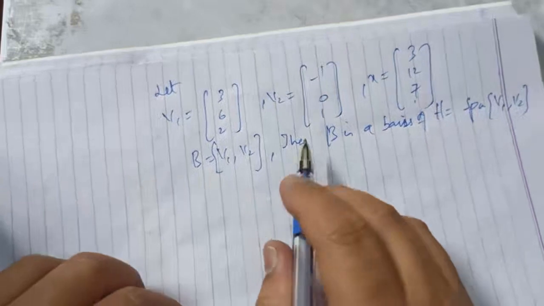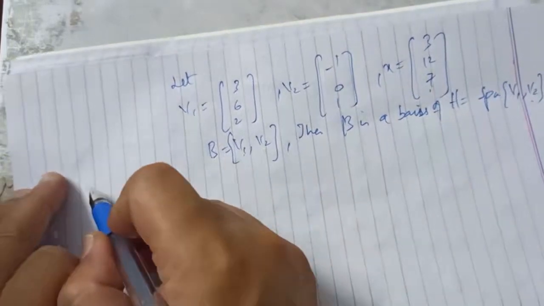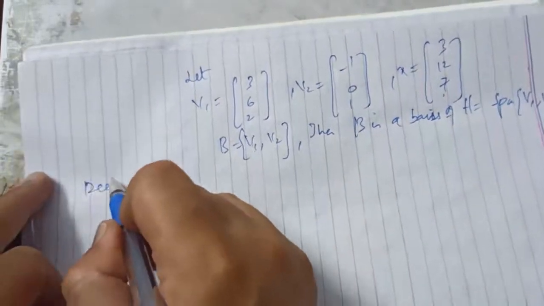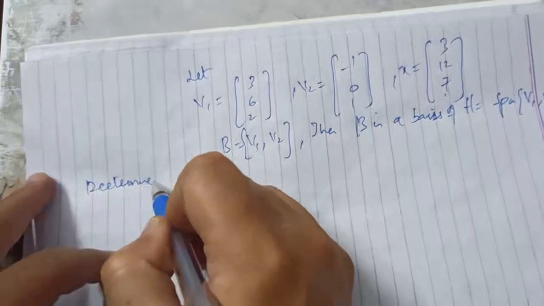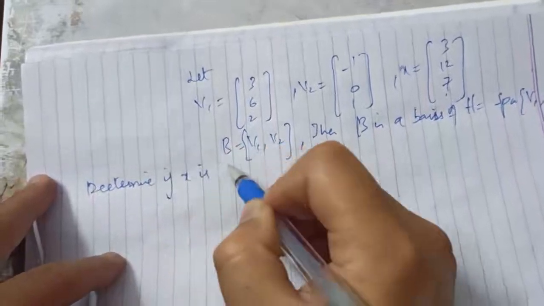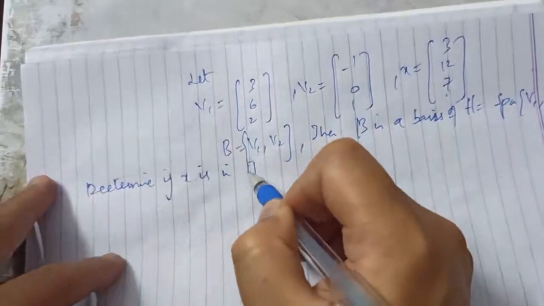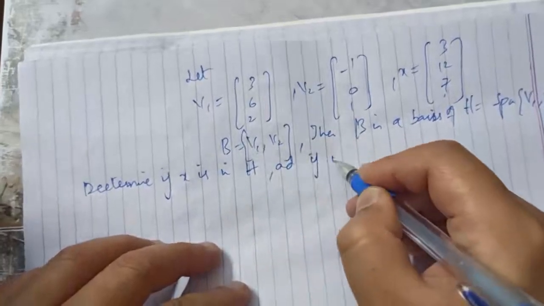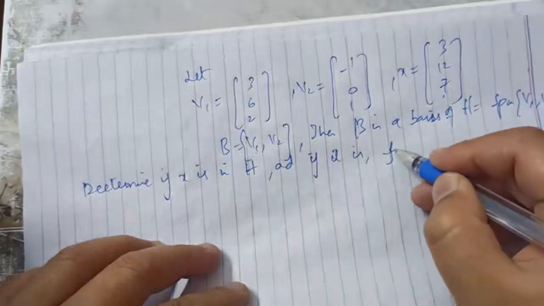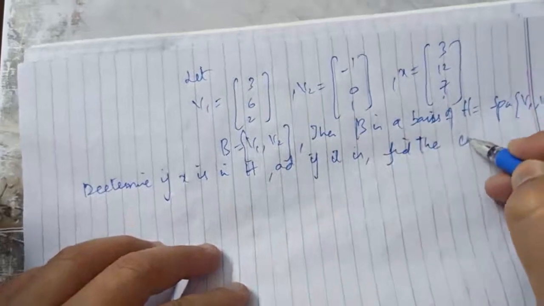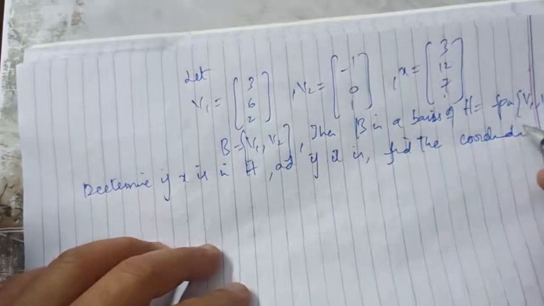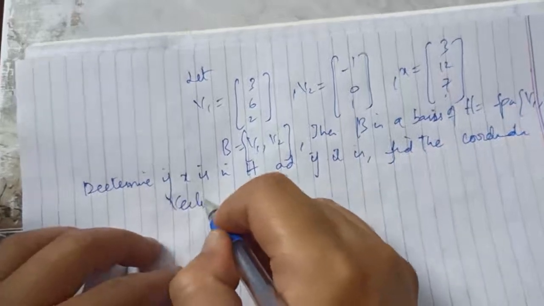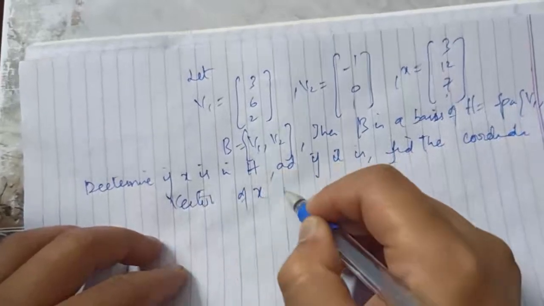Now what we have to do is determine if x is in H, and if it is, find the coordinate vector of x relative to B.